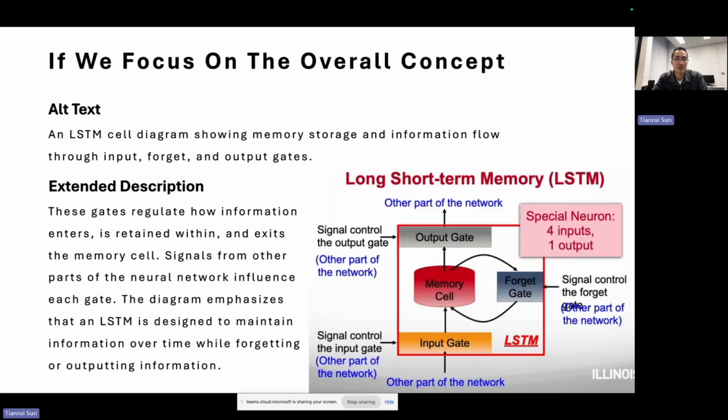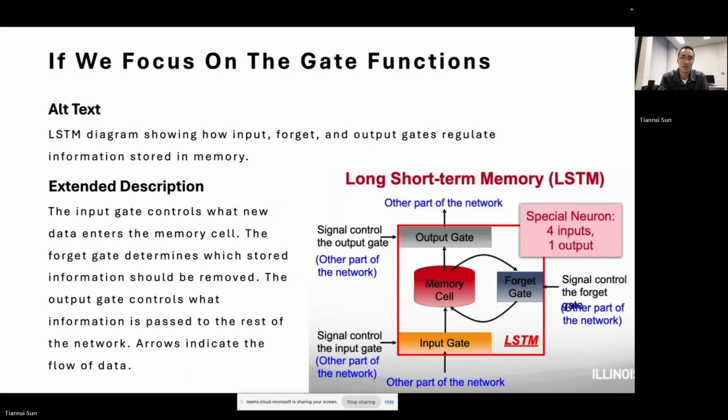In the alt text, we cover the major elements included in the diagram, and in the extended description, we explain the elements' relationships and their different functions, to give the audience a good picture of what long short-term memory is.